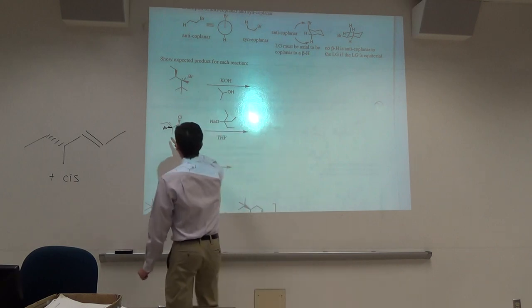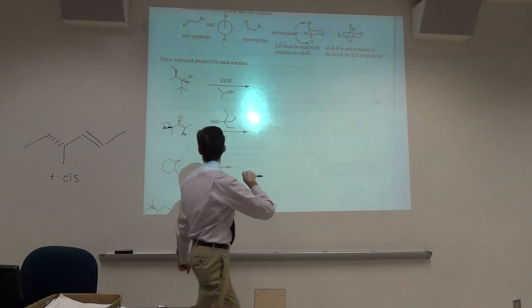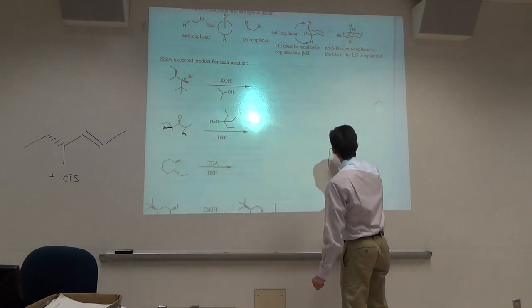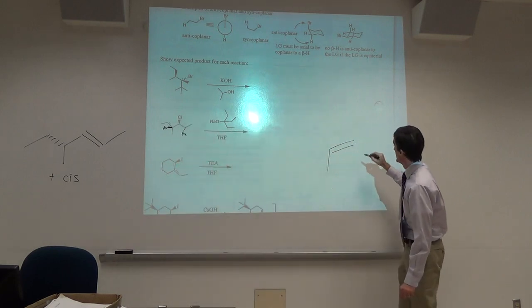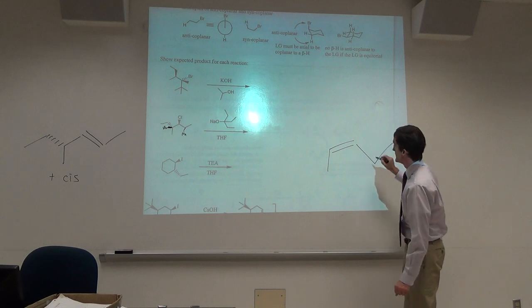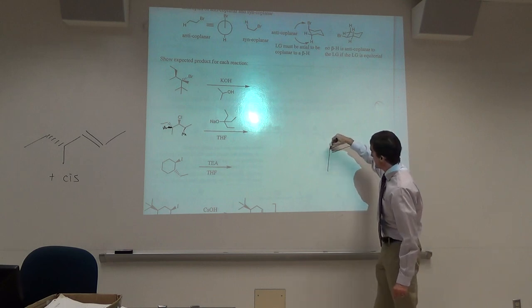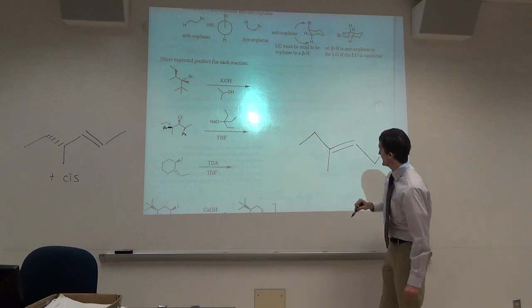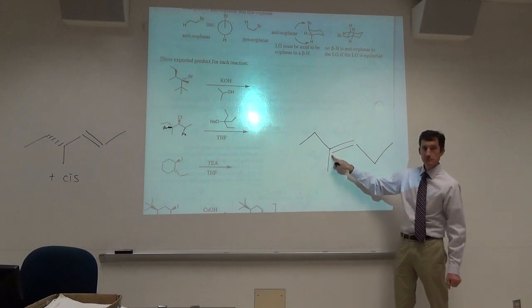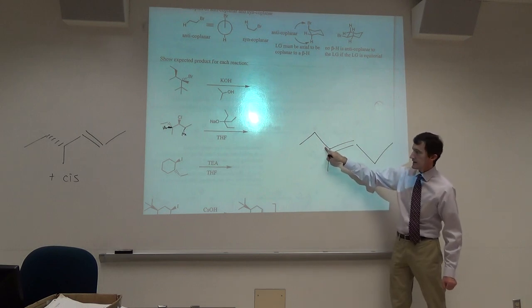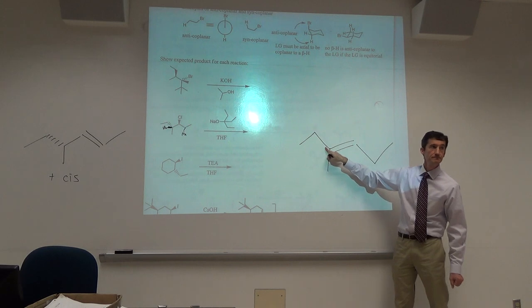What would it be if we eliminated HB? We would have a double bond there, and ethyl here, like that. Please note that this carbon is planar, and don't draw that as dashed or bold.